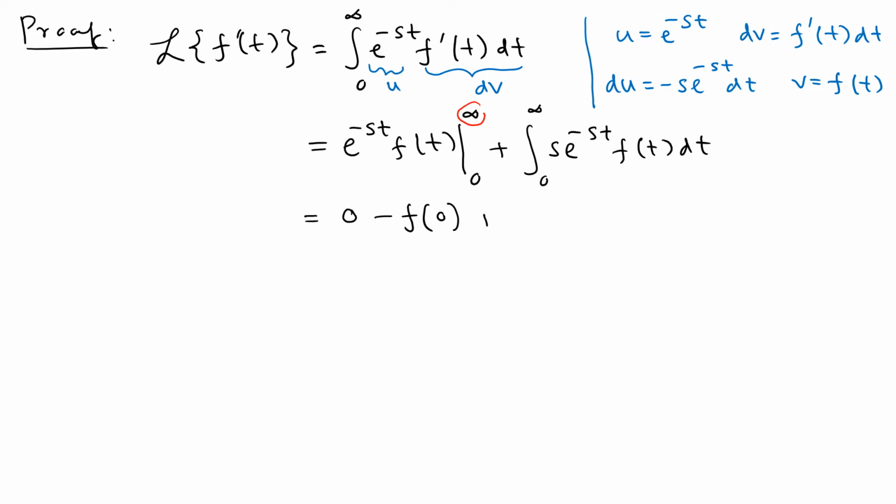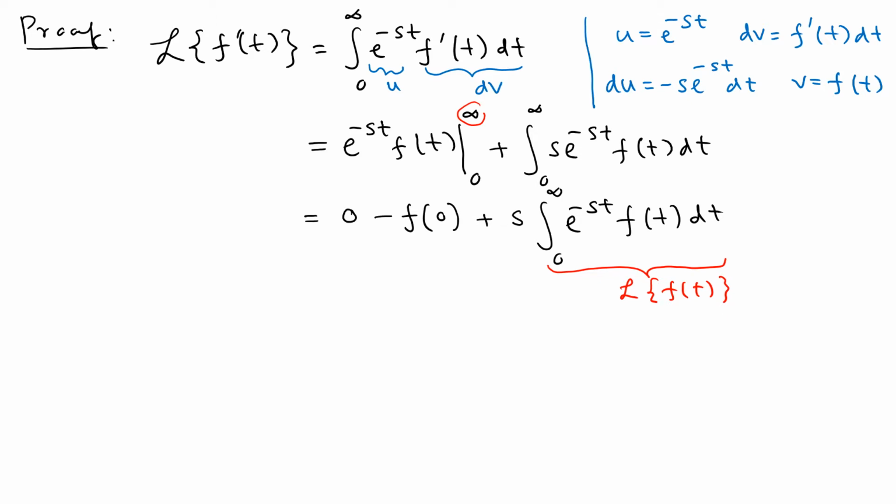And then we can pull s out. Once you pull the s out, it's the integral from 0 to infinity of e to the minus st f(t) dt. And you can see that this is nothing new. This is just the Laplace transform of the f(t) function.